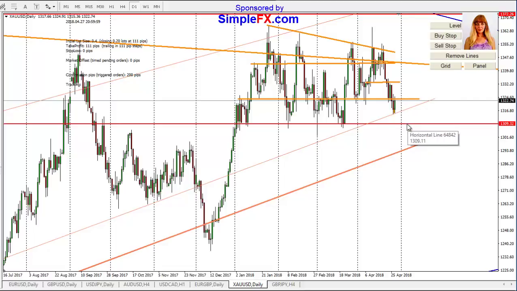But as we are in the triangle, I would expect more of a continuation down the way, at least to this level. This is where we are in, this is where the triangle would be, okay?